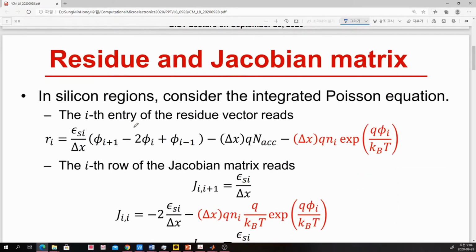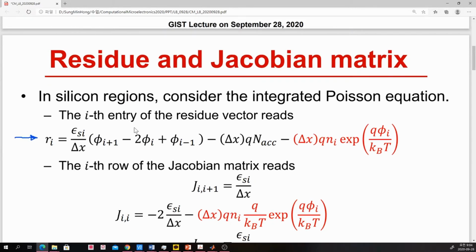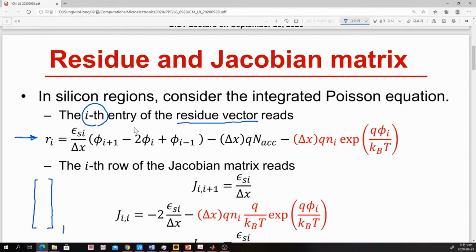So this is the residue of the i-th entry. The residue vector can contain many different entries, and typically it has a large number of entries. Let's say that this is an N by 1 vector, and here we have a first term and the last term.